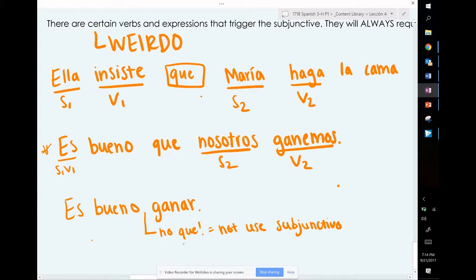Without the que, we're not starting a new clause, so we can't conjugate ganar. Okay? So just be aware that sometimes when you have impersonal expressions, if there's no que in the sentence, you can't conjugate this verb into the subjunctive.